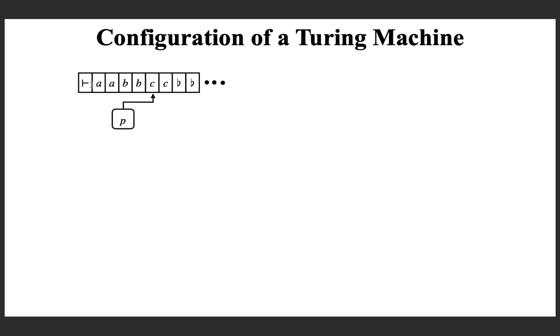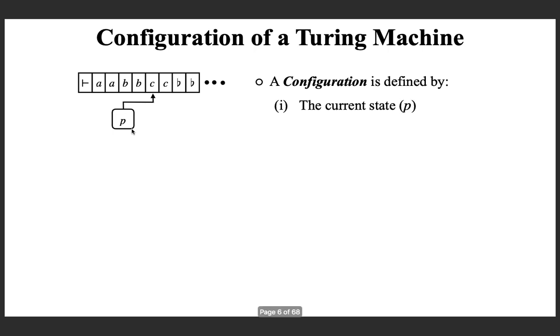So given this, the question is, formally how can you represent a configuration like this? We can see that a configuration is defined by, first, the current state. In the given example, it is P. The next component is the content of the tape at this instant.